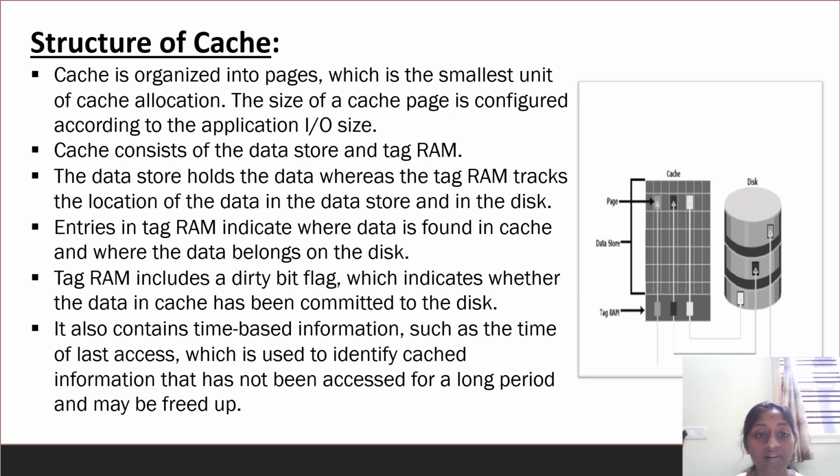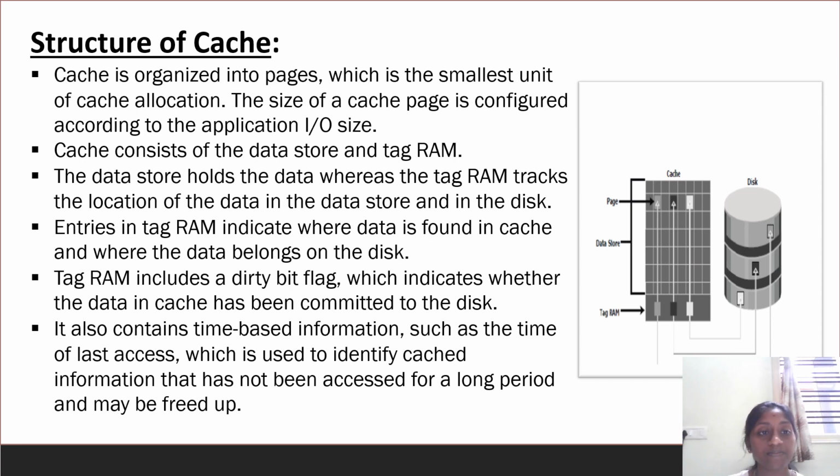Entries in tag RAM indicate where data is found in cache and where the data belongs on the disk. Tag RAM includes a dirty bit flag which indicates whether the data in cache has been committed to the disk. It also contains time-based information such as the time of last access, which is used to identify cached information that has not been accessed for a long period and may be freed up.